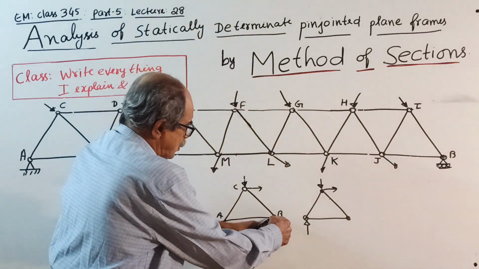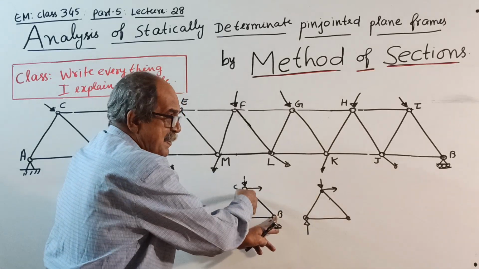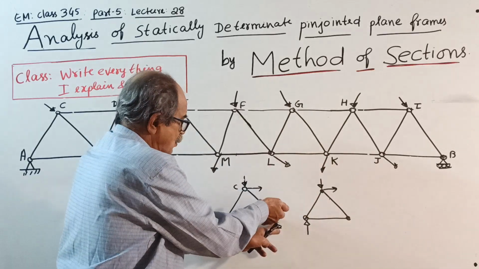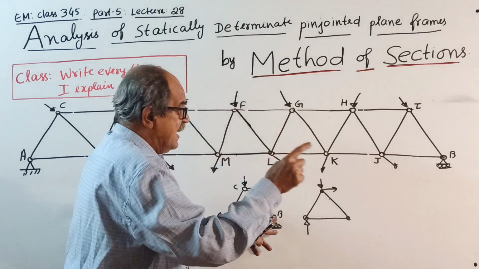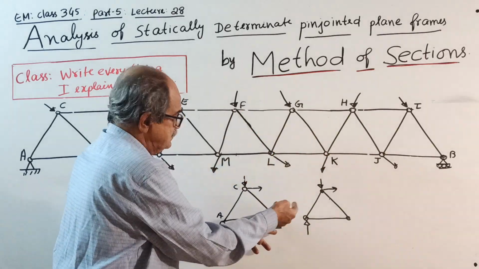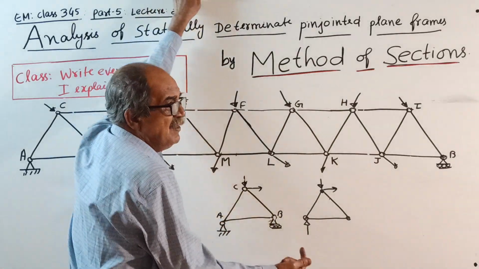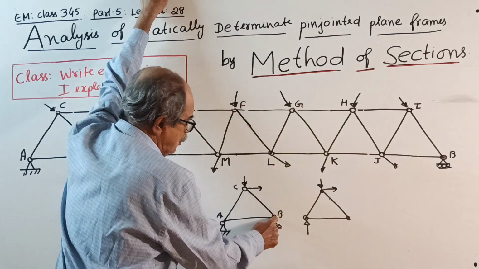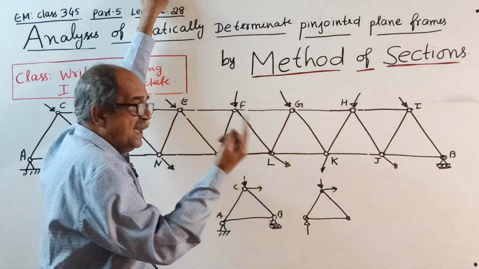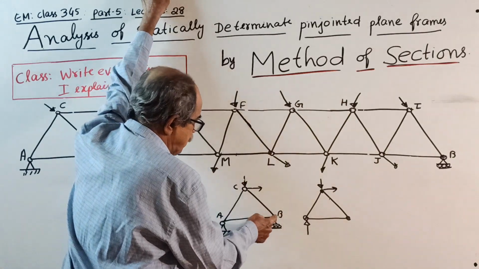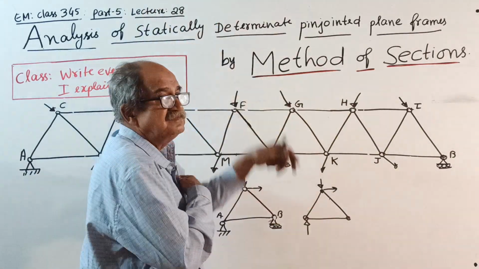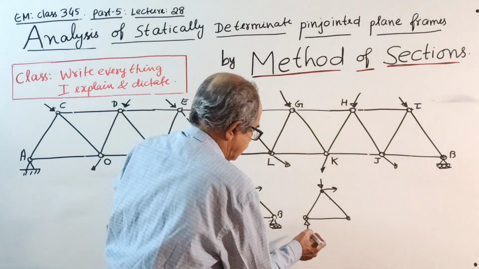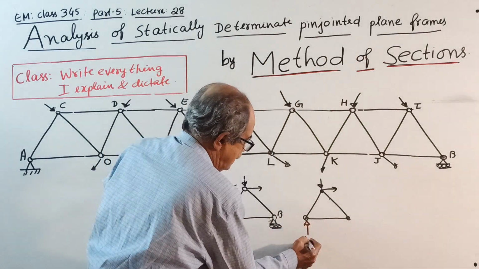If you take moment about B, if the moment of the vertical force about B is more than the moment of the horizontal force about B, then VA will be upwards. But if the moment of this horizontal force about B is more than the moment of the vertical force about B, VA will be downward. So I will take upward, VA.